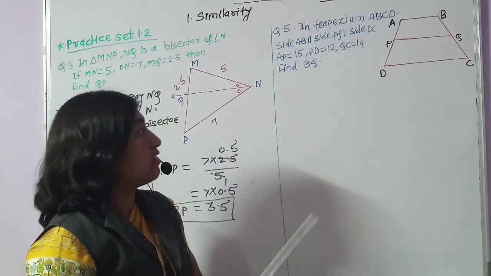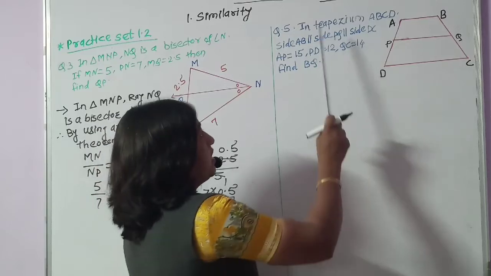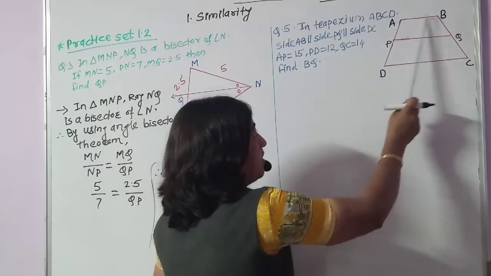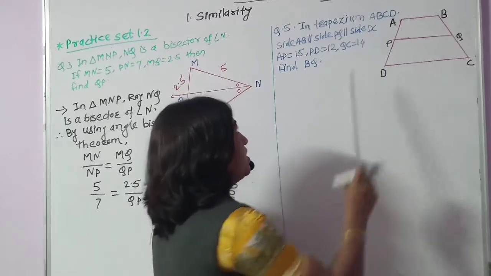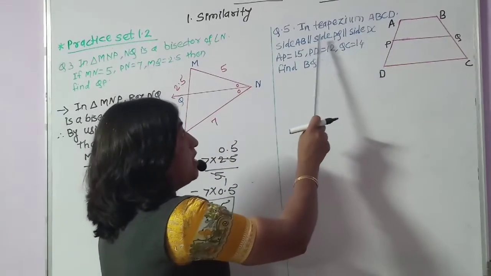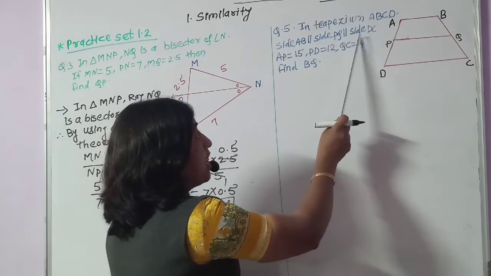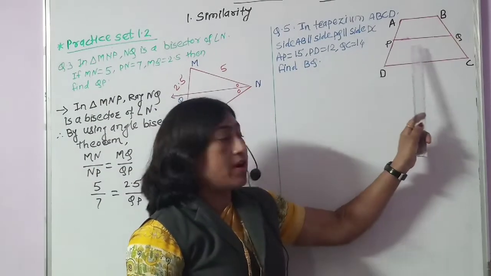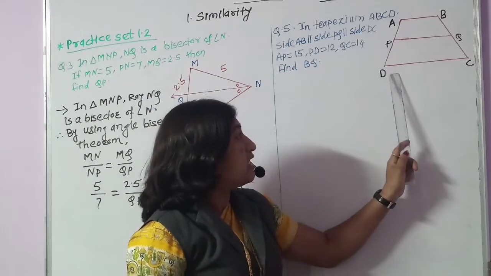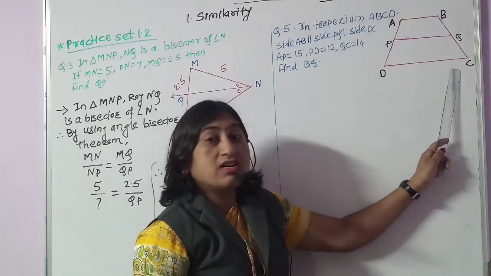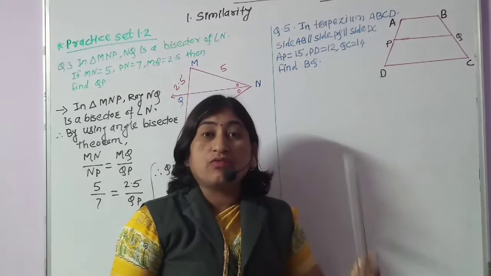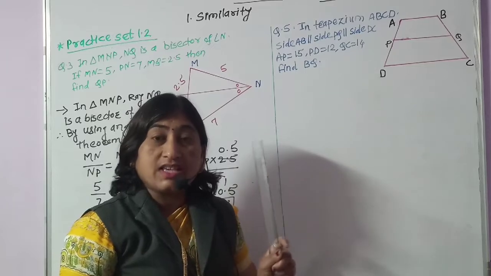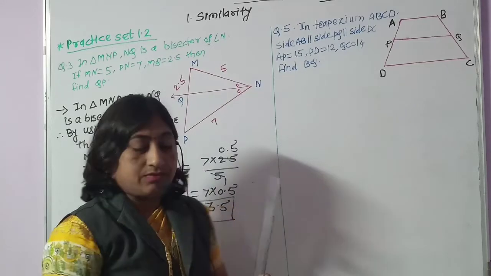Then next we will see question number 5 in exercise 1.2. What is the example? In trapezium ABCD, side AB is parallel to side PQ, and again parallel to side DC. That means here we use the theorem of three parallel lines and their transversals.